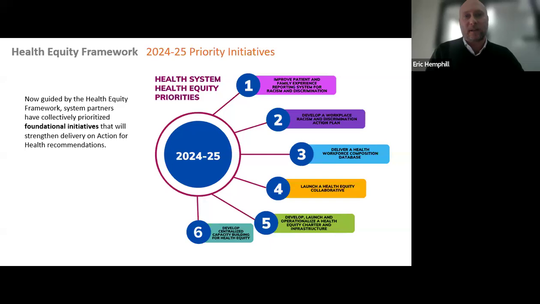initiatives where all 6 partners have come together to commonly work on an approach to address the particular focus of the issue. 1 and 2 being sort of 2 sides of the same coin, improving the systems that are in place for patients and their families to report instances of racism and discrimination that they experience within the system.